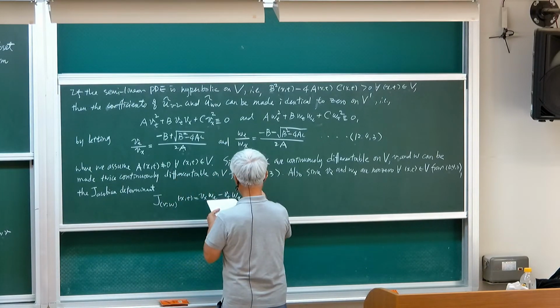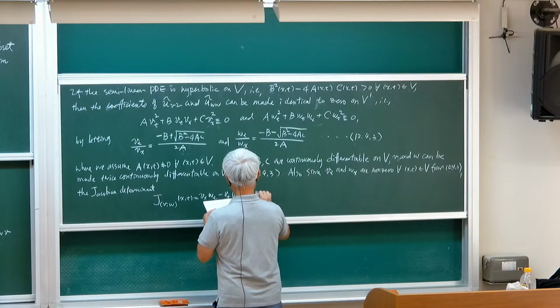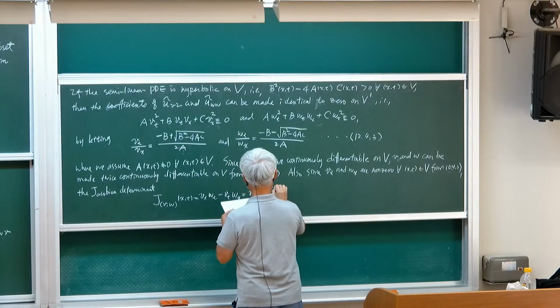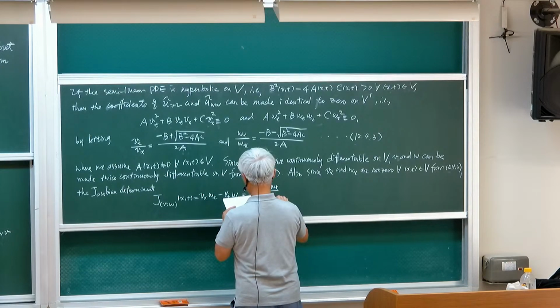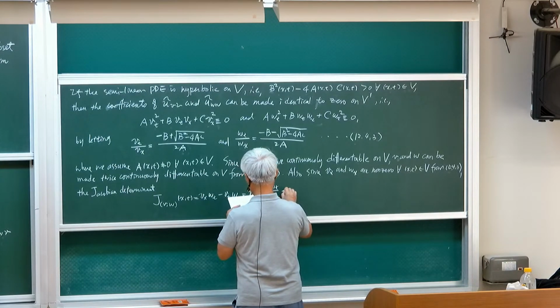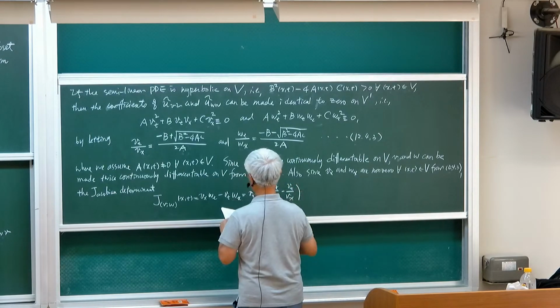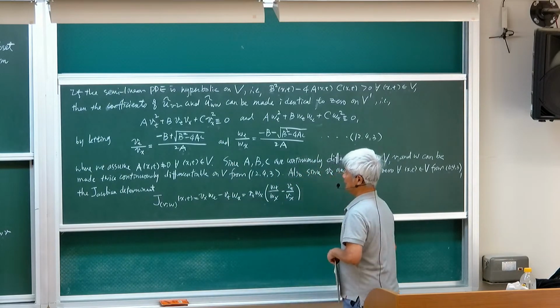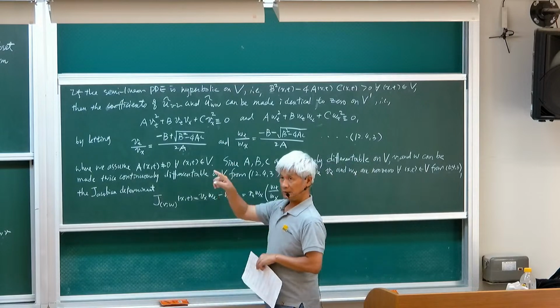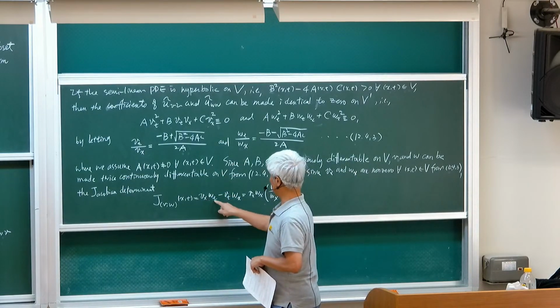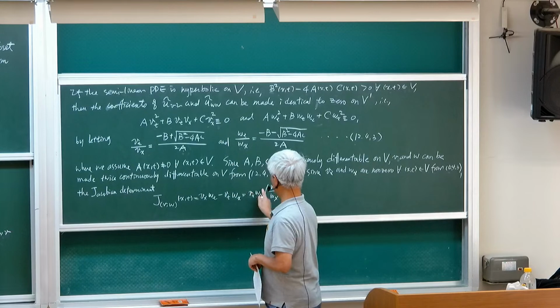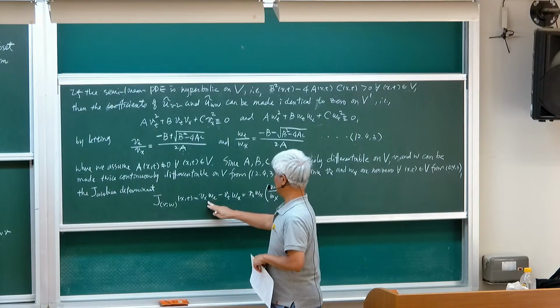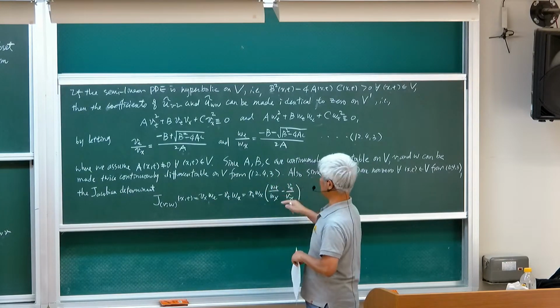So we have Vx, Wx, and Wt, Wx minus Vt and Vx here. So this is the Jacobian determinant. As we know that, we move out the factor Vx and Wx here, so this becomes the ratio here.